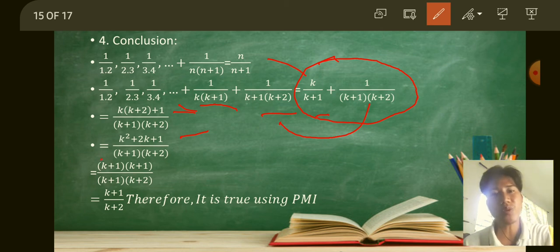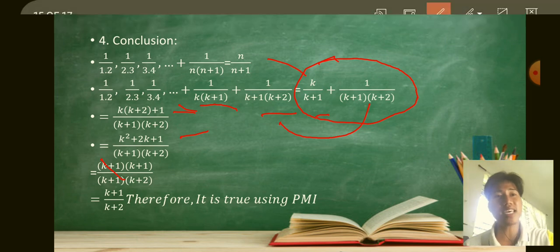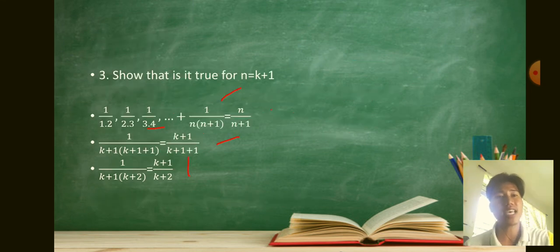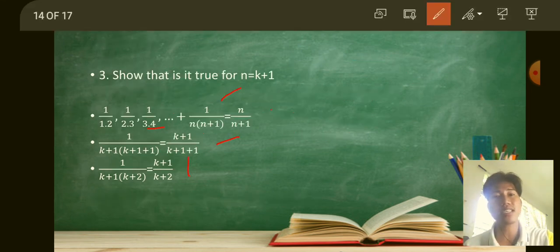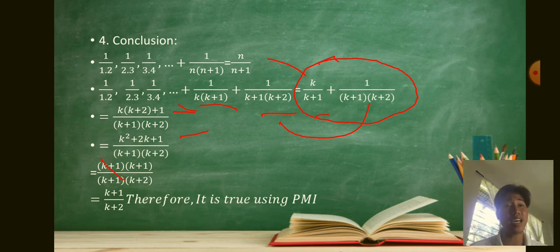Here we can cancel the k plus 1, and the remaining is k plus 1 over k plus 2. So in step 3, it's the same: k plus 1 over k plus 2. And then step 4, k plus 1 over k plus 2. Therefore, it is true using the principle of mathematical induction.